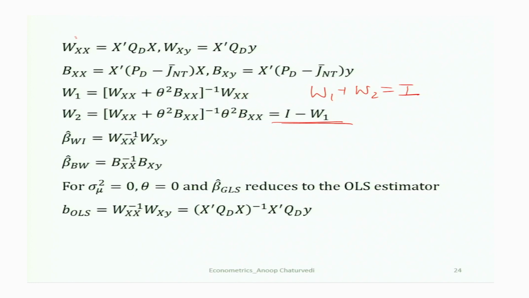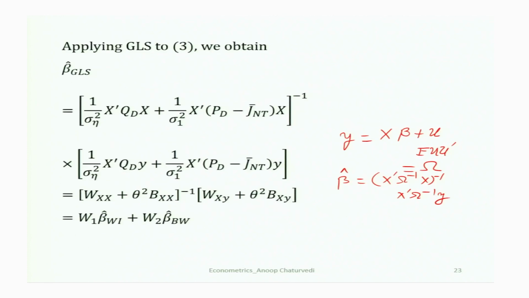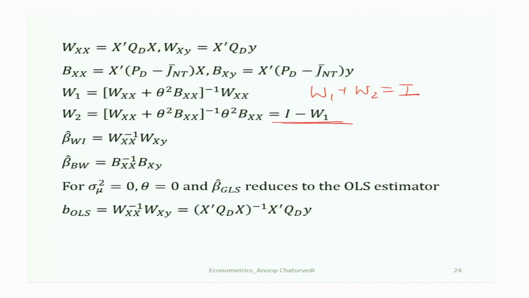So, using these notations, you get this expression for the GLS estimator. So, you can say that your GLS estimator is a weighted average of within estimator and between estimator.